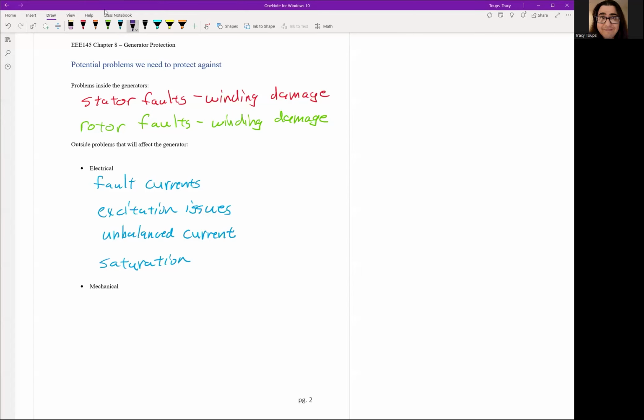Mechanically, the big thing we have to watch out for is overheating, because any mechanical system that moves will generate some level of heat. We want to make sure we're not overheating the generator too much, because then we're going to start burning things up. Another big thing is called loss of synchronism. Remember, the whole system runs on 60 Hertz.